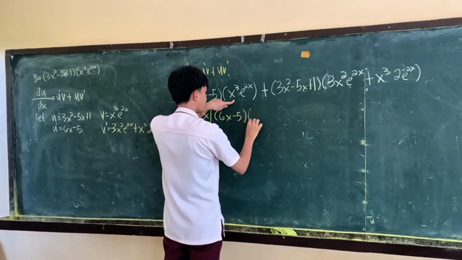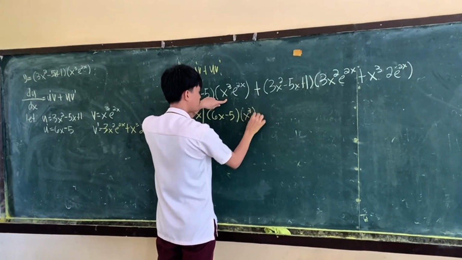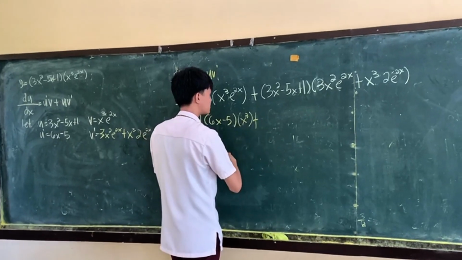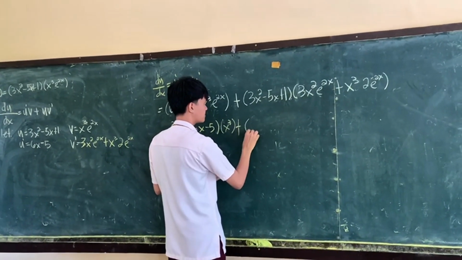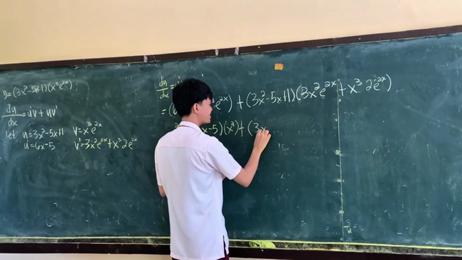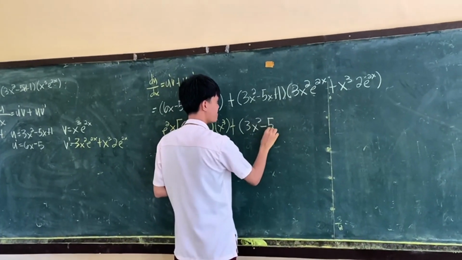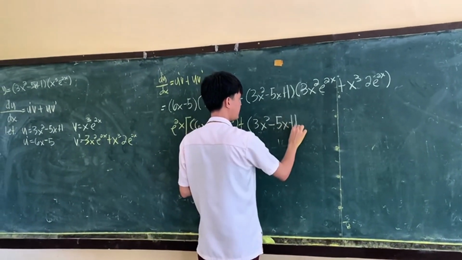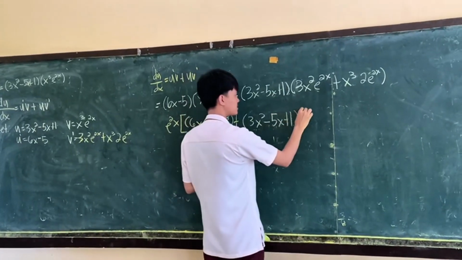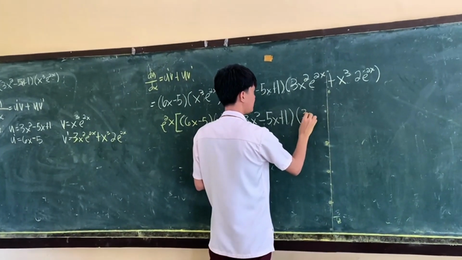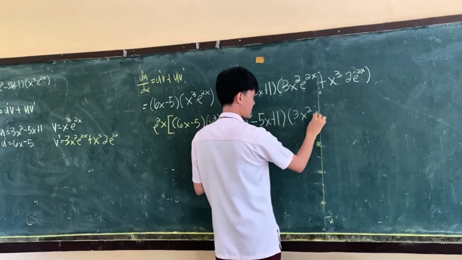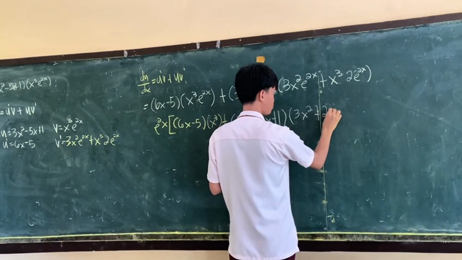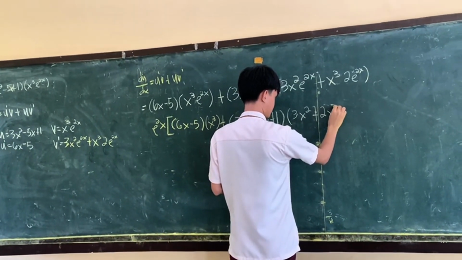Then, x cubed plus 3x squared minus 5x plus 1 times 3x squared plus 2x cubed.